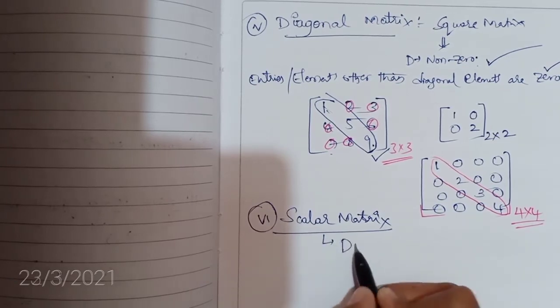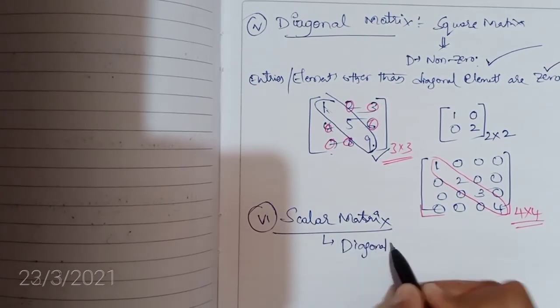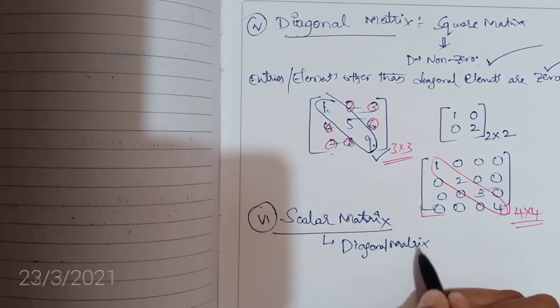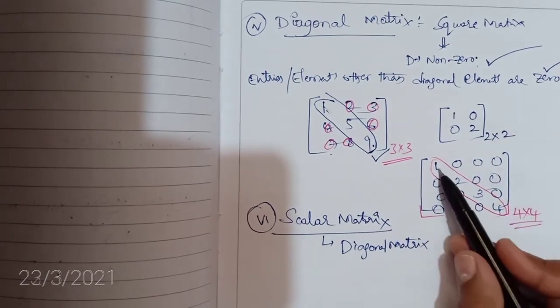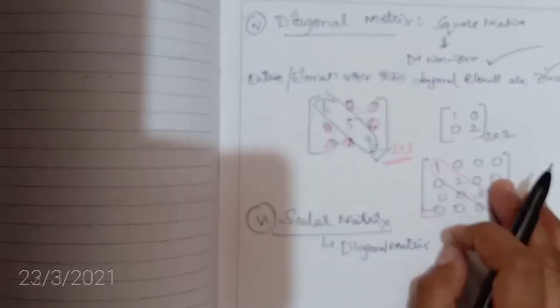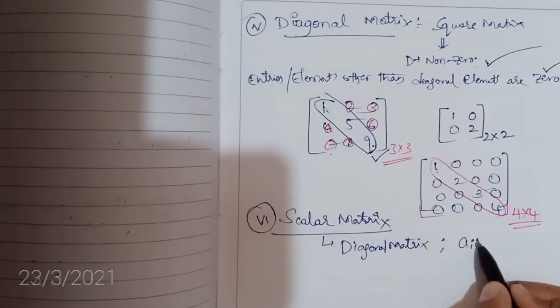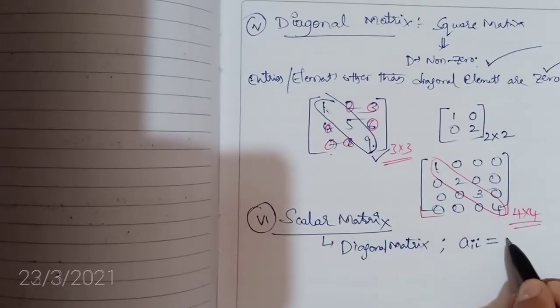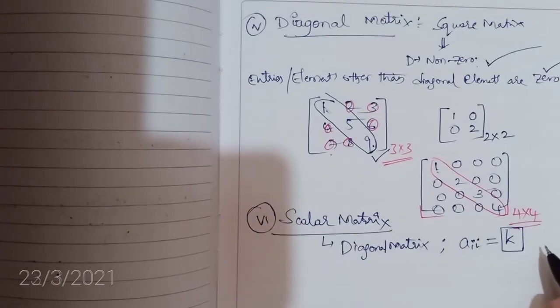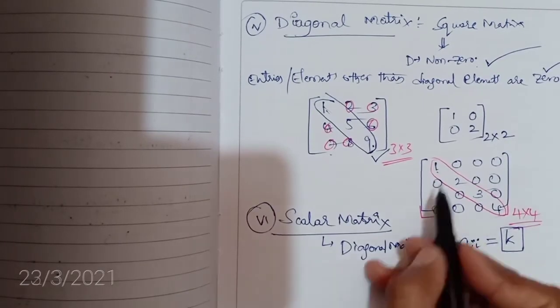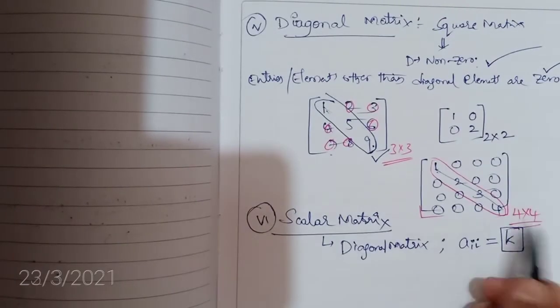It is actually a diagonal matrix. You have learnt that all the elements other than the diagonal elements must be 0. But here the condition is that the diagonal elements a_i are equal to one particular number, in the sense they should always be equal.